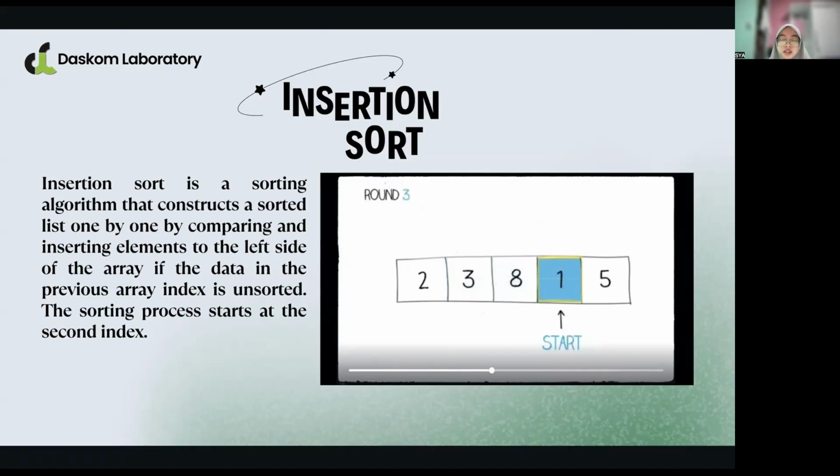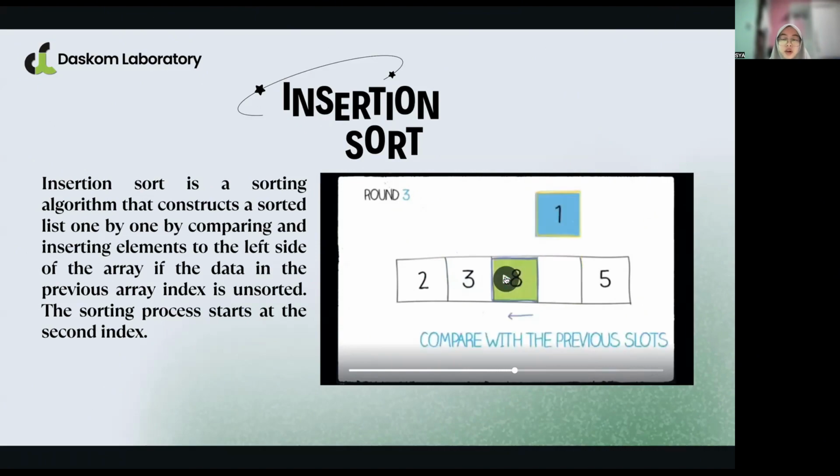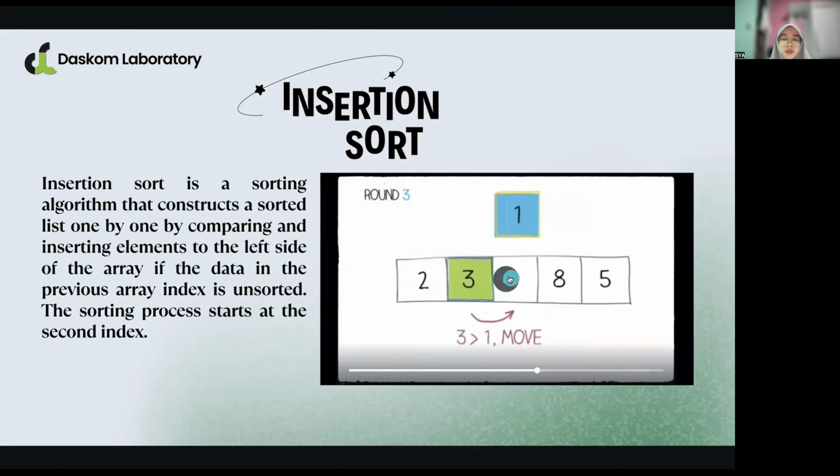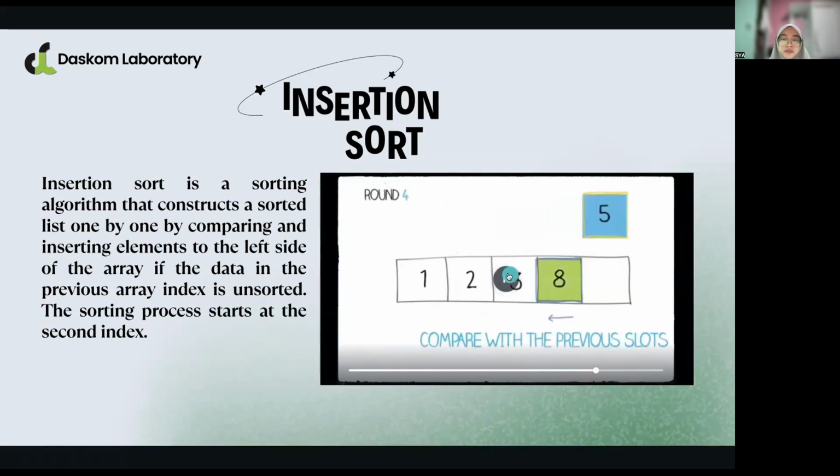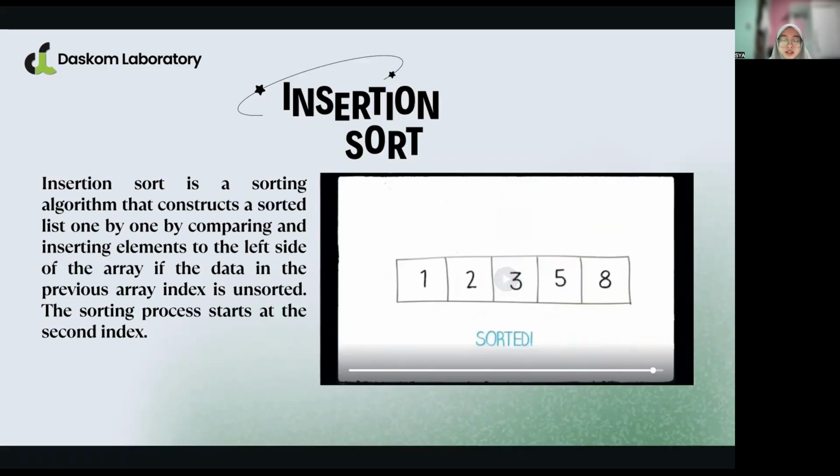Then we check the fourth element here, number 1. Number 1 is smaller than the numbers to its left, so it will move to the leftmost position, like this. Then it will repeat until the last element, until it's sorted like this.